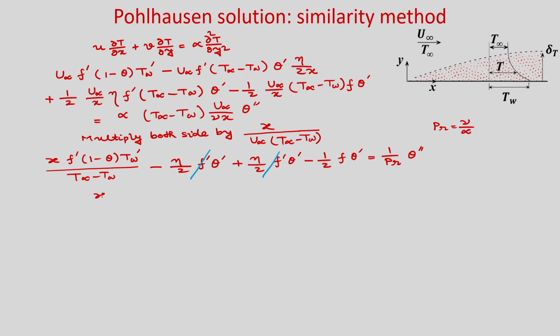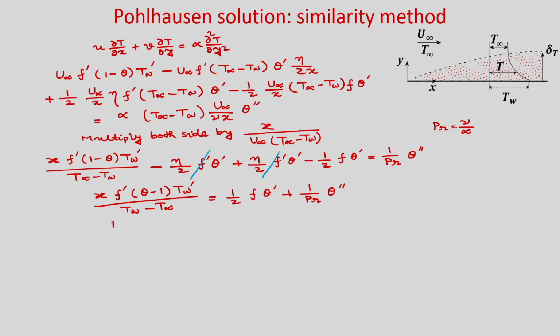We will write here x f prime (theta minus 1) T w prime divided by T w minus T infinity, and you have minus, we will take in right hand side. So, it will be half f theta prime plus 1 by Prandtl number theta double prime.